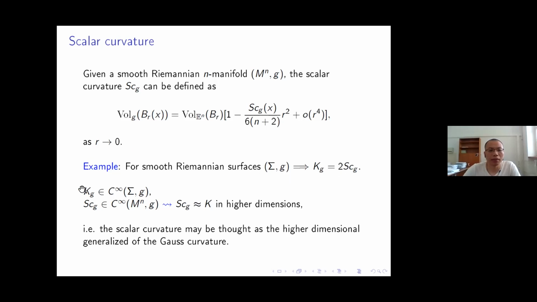As we know, the Gauss curvature is a smooth function on the surface, and the scalar curvature is also a smooth function on the smooth manifold. So we can see the scalar curvature may be seen as a Gauss curvature in higher dimensions.